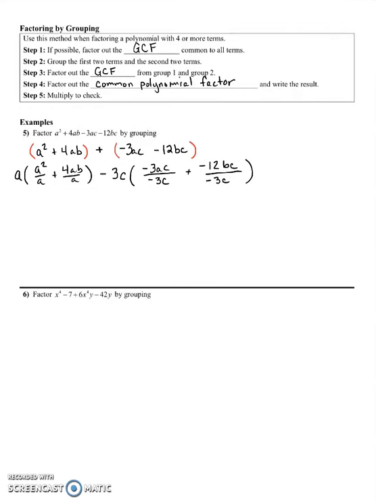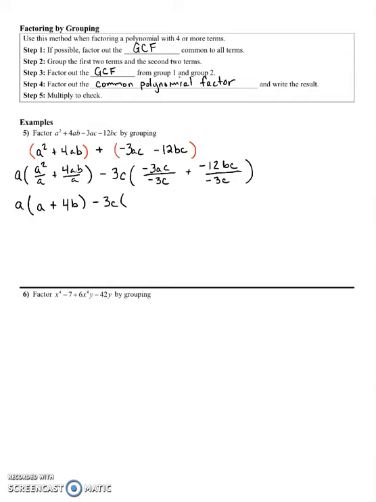So now we can do some canceling within each parentheses. We can do the division. From the first one, we have the a out front. A squared divided by a is a, plus 4ab divided by a is 4b. Then we have minus 3c.